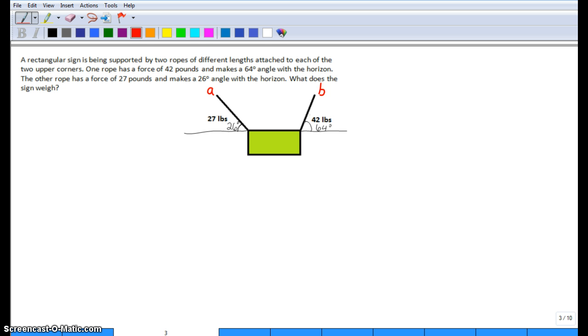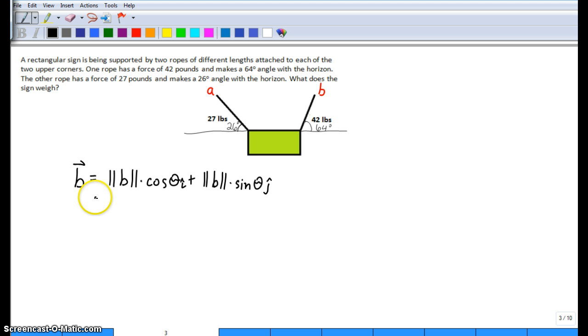Let's find the component form of A and B. First we work with B. Vector B in component form is, remember, magnitude of B times cosine of theta, and that's our i hat, plus magnitude B times sine theta, and that's our j hat component.